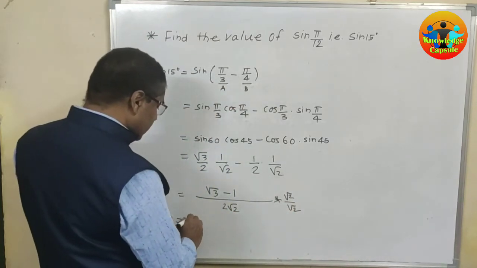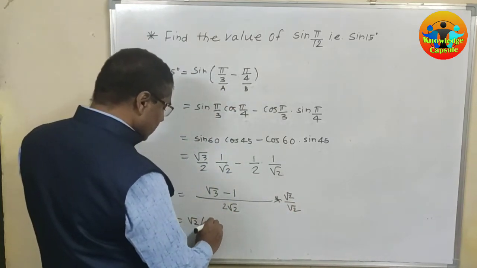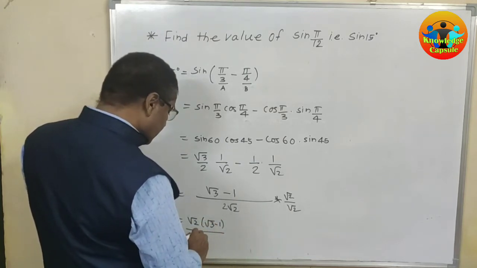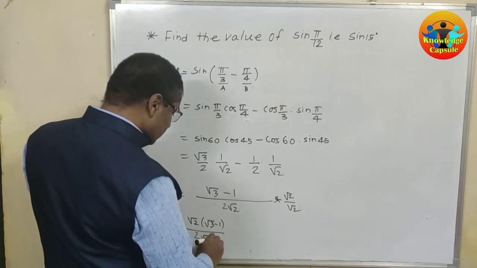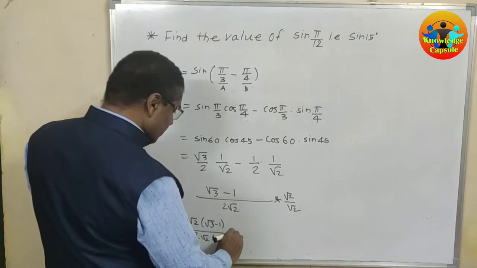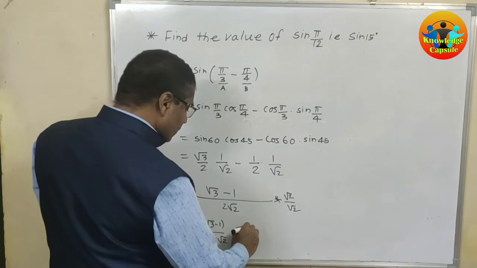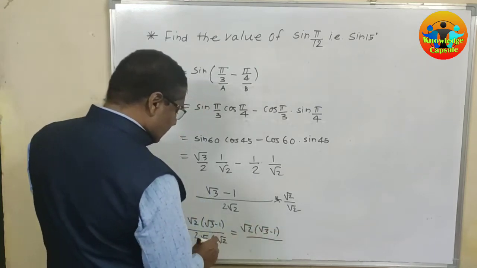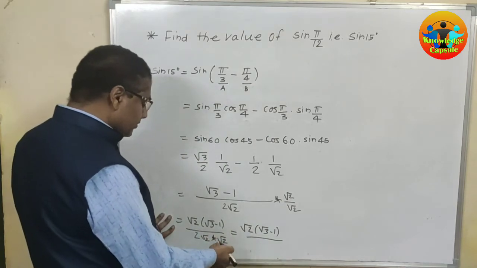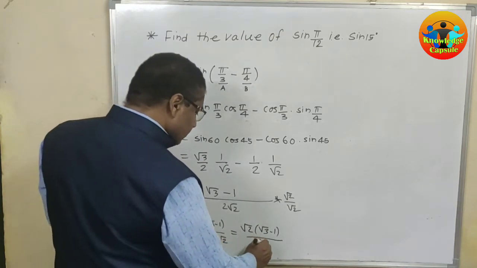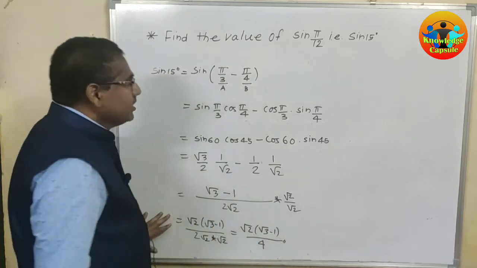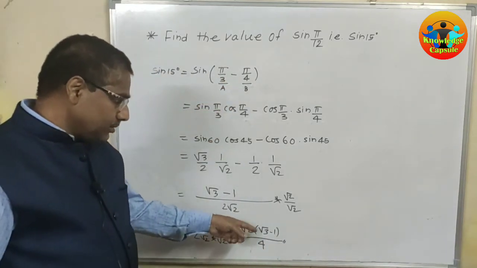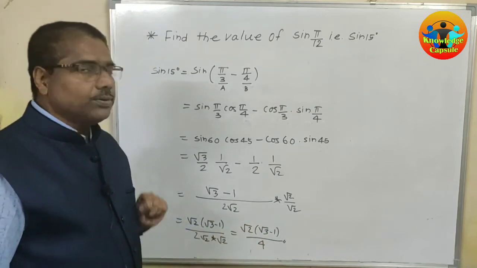In the numerator we get root 2 into root 3 minus 1 upon 2 root 2 into root 2, is equal to root 2 into root 3 minus 1 upon root 2 it will become 2, 2 into 2 it will be 4. This is the final answer. Sin pi by 12 is equal to root 2 into root 3 minus 1 upon 4.